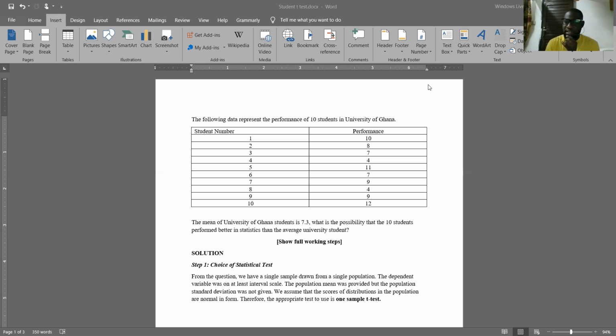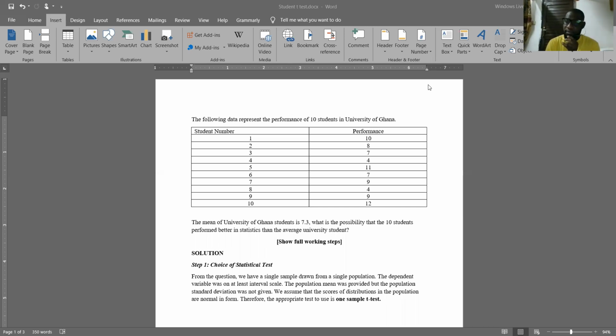But with one sample t-test, the only distinction between one sample t-test and z-test has to do with the fact that with one sample t, the population standard deviation will not be given in the question.